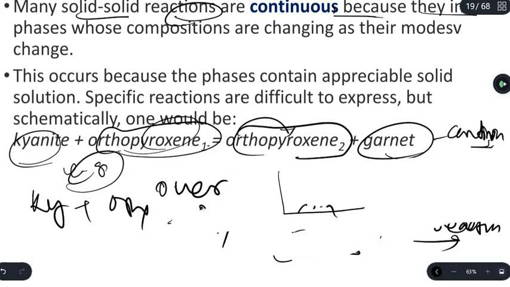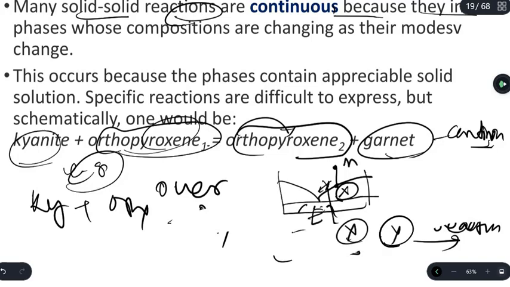So जो भी reaction, जैसे मान लो ये eutectic point है, ये melt है. जब ये point पे आके cool होगा, when it reaches the liquidus, the crystals will start, right? So suppose X point पे जो भी liquid composition है, again it cools down, Y point पे वही liquid मिलेगा लेकिन of different composition, right?